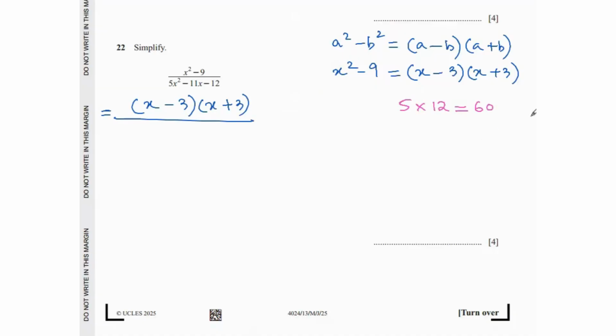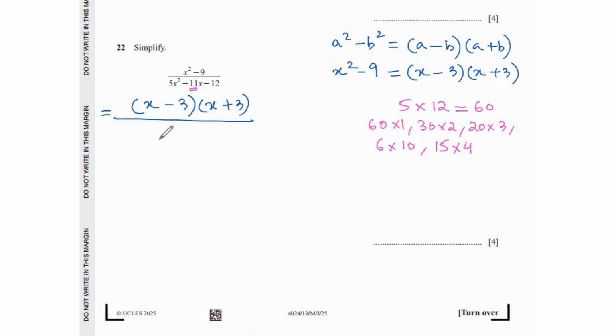Then we write the factors of 60, which are 60 times 1, 30 times 2, 20 times 3, 6 times 10, and there's another one, 15 times 4. These are all the factors of 60. So we have to select the pair of factors which, when added or subtracted, gives us the middle term, which is 11. So we can see that only 15 minus 4 would give us 11.